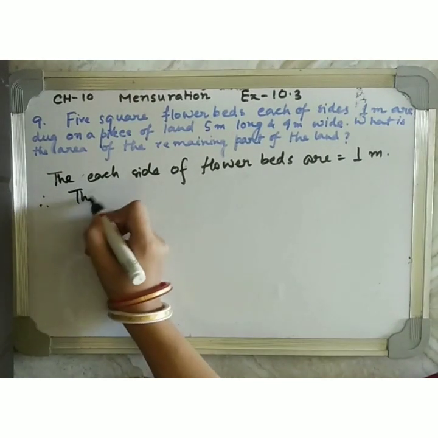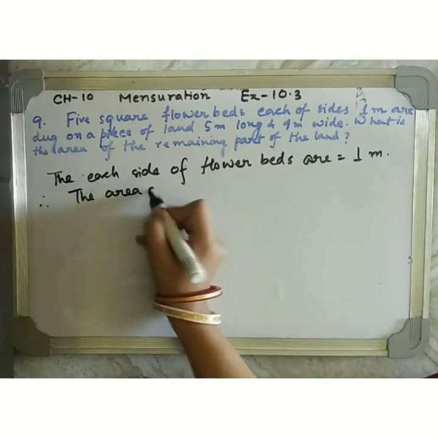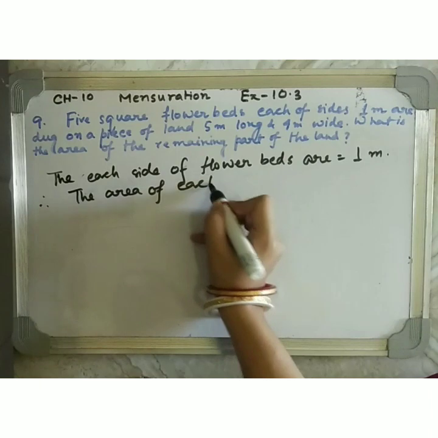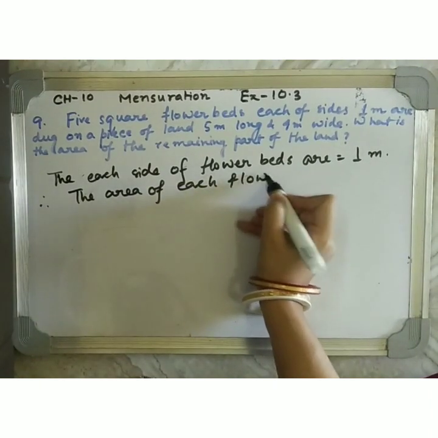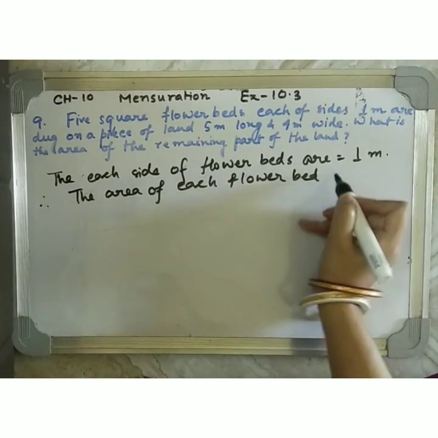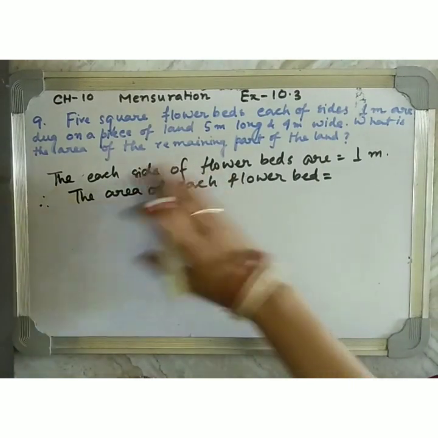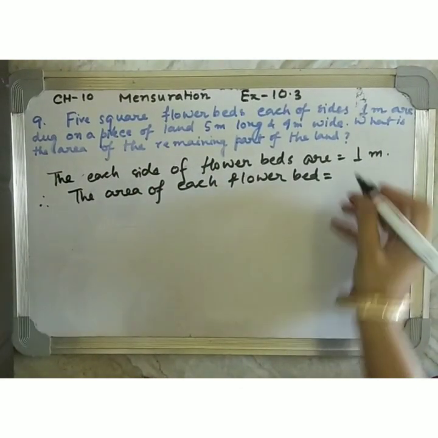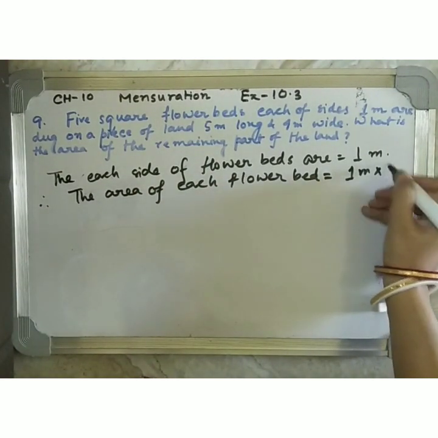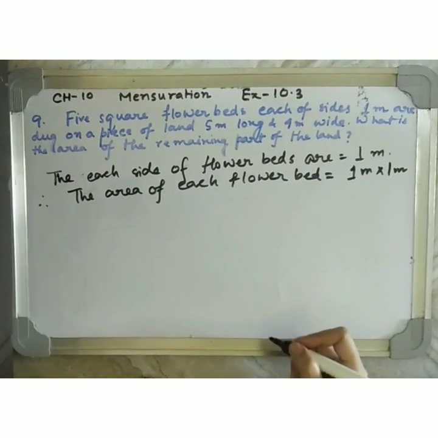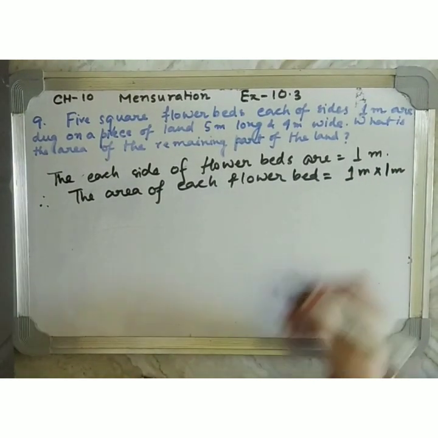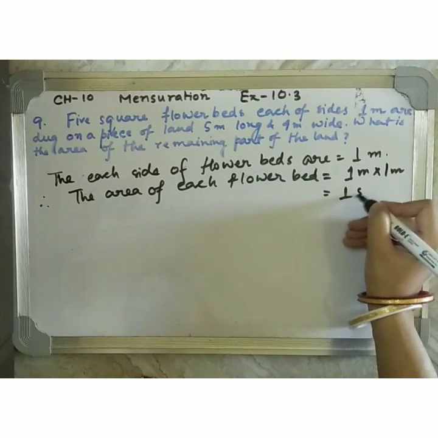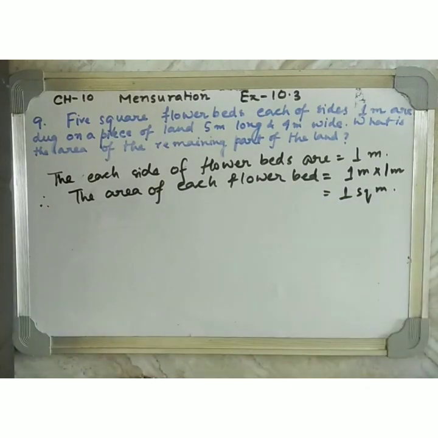Therefore, the area of each flower bed, since the flower beds are square in shape, will be side into side. Okay, so we will write 1 square meter.